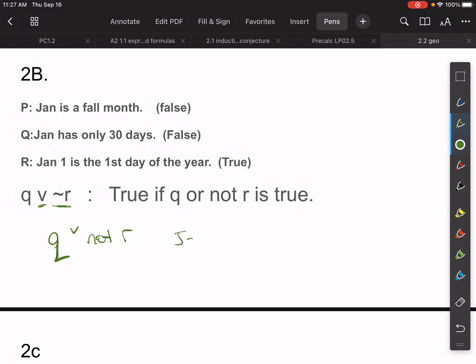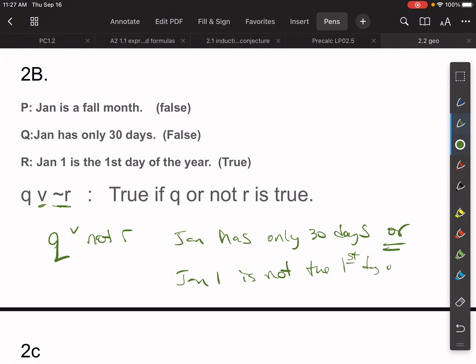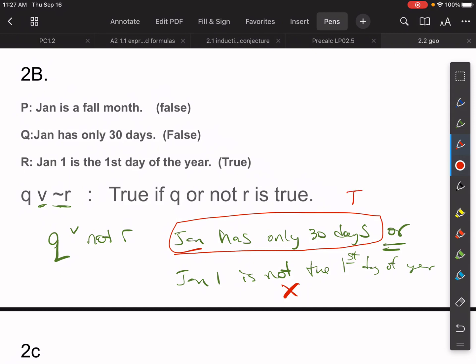It says January has only 30 days, or January 1 is not the first day of the year. Okay, we already know this is false. You might need a calendar here. I'm not going to finish this one for you, but for some of these you might need a calendar if you're looking at dates. So what you need to determine is if this is true. If this is true, then the whole thing has a true value. If it's false, then it would be a false value.